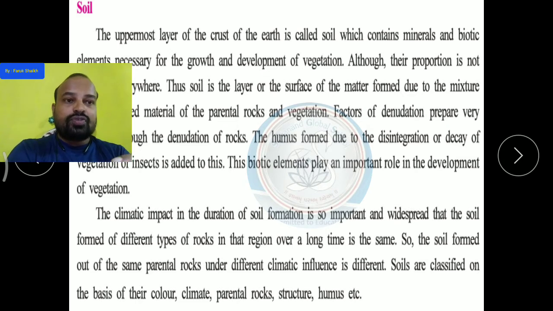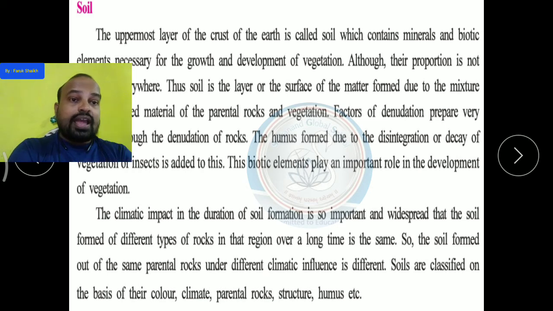Soils are classified on the basis of color, climate, parental rocks, structure, and humus. The soil can be classified into different varieties on the basis of color: there is black color and red color soil.